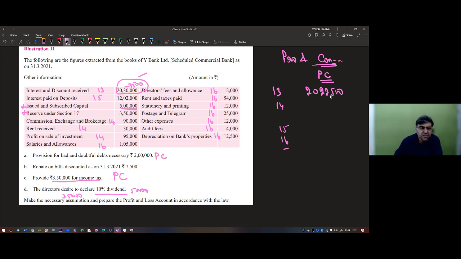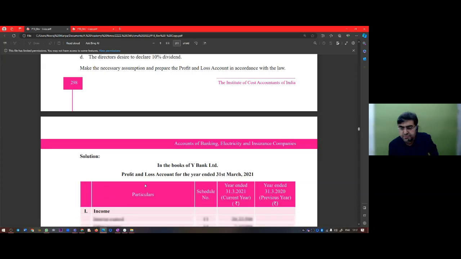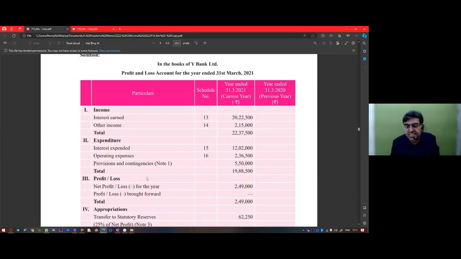Other incomes is 90, 30, 120, 215. So total 22,37,500. It is a rough answer. I will show you the fair answer.